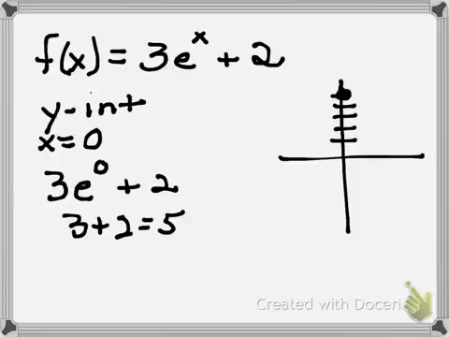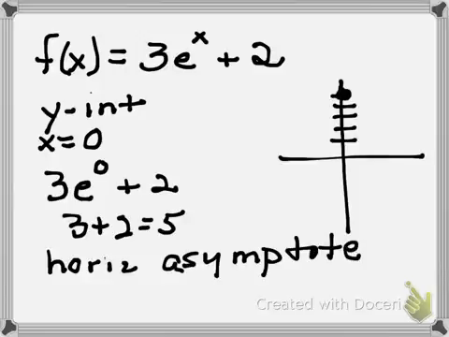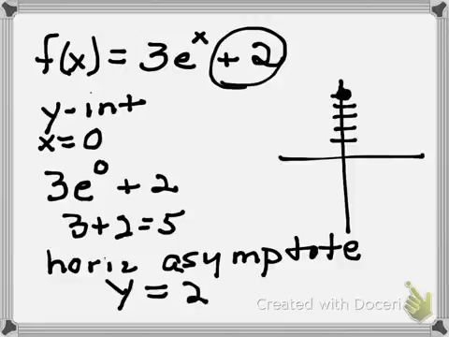Next, it's going to ask for a horizontal asymptote. And that's y is equal to 2. And then you just have to sketch this, which is going to look like that.